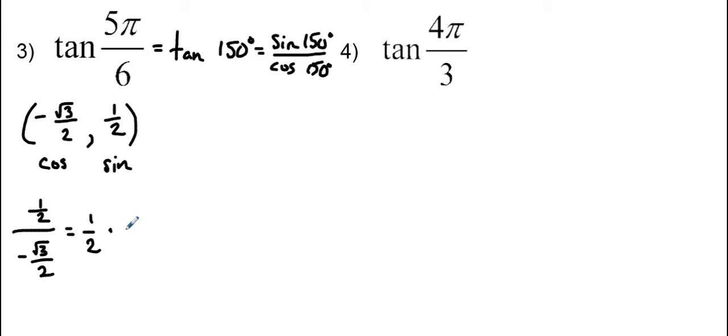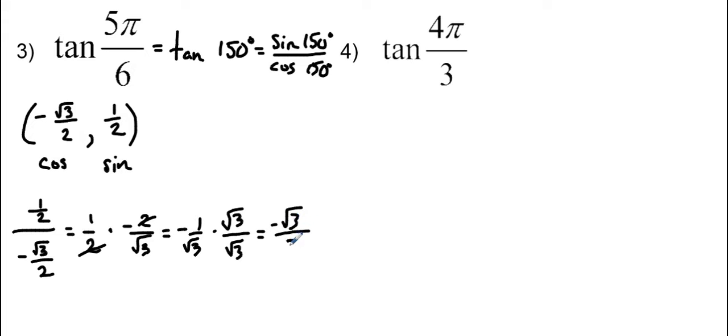So 1/2 times negative 2 over root 3. The 2's divide out to become 1. And I'm left with negative 1 over radical 3. We know to multiply by radical 3 over radical 3, and we're left with negative root 3 over 3.